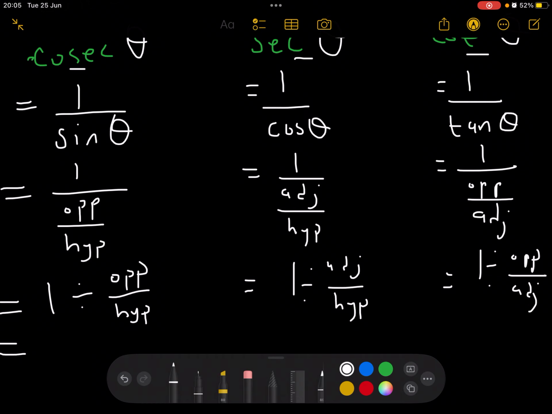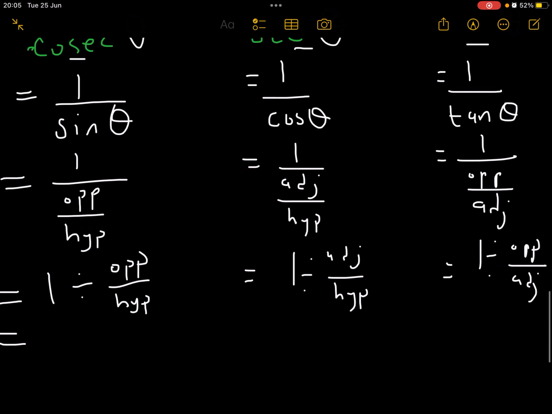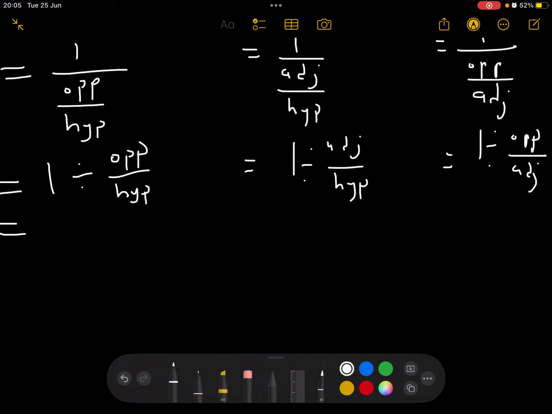Now we also have to perform the reciprocal here, because once we change the division into multiplication, we move the denominator to the numerator and the numerator to the denominator.